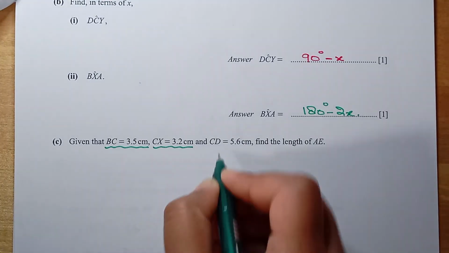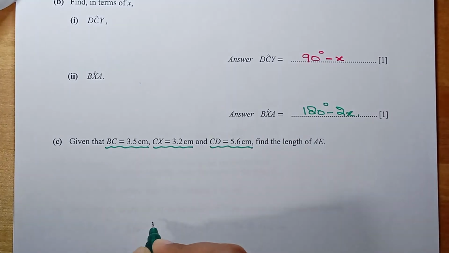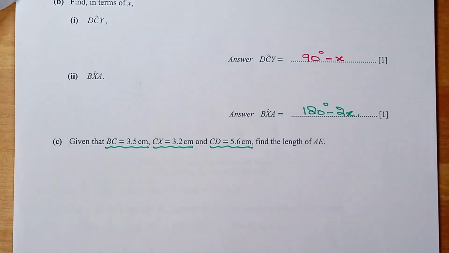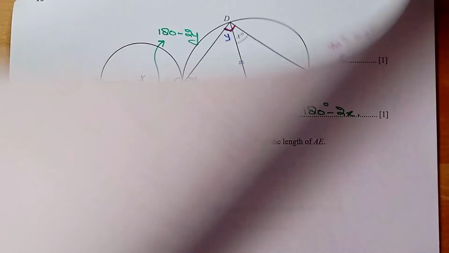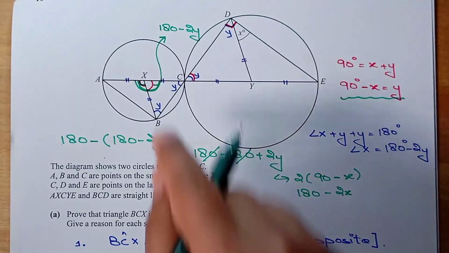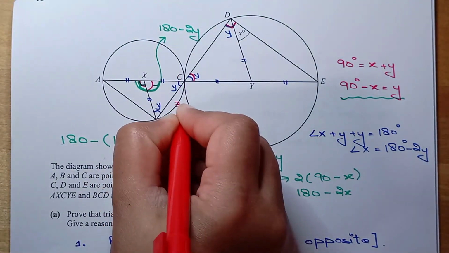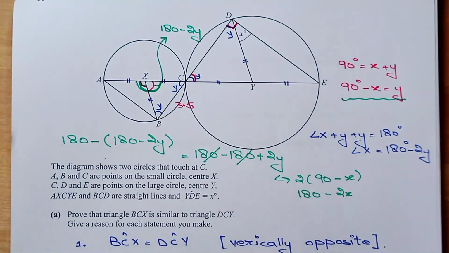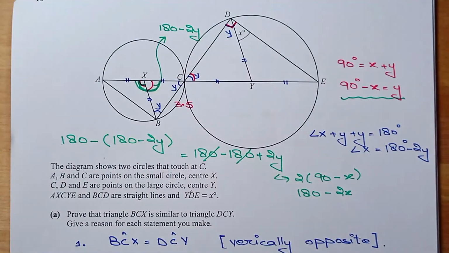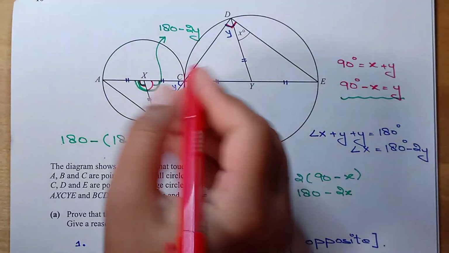Now for part C, given that BC is 3.5 centimeters, CX is 3.2 centimeters and DC is 5.6 centimeters, find the length AE. BC is 3.5, and CX is 3.2.